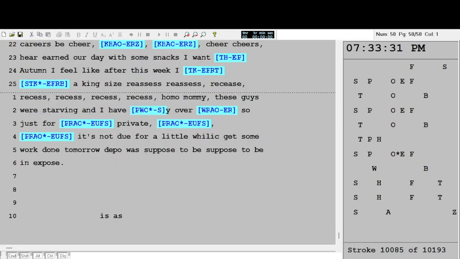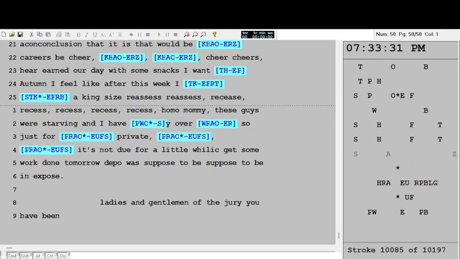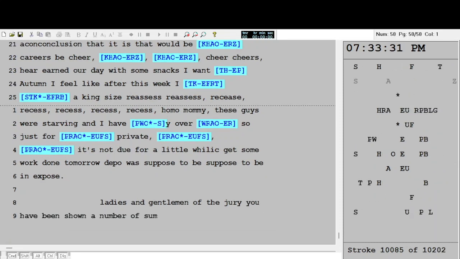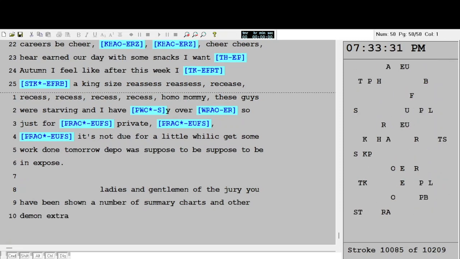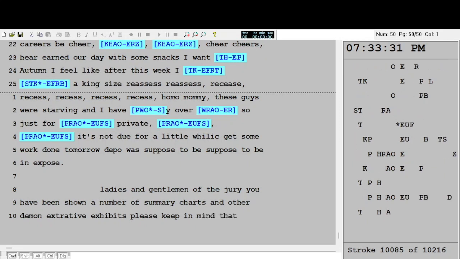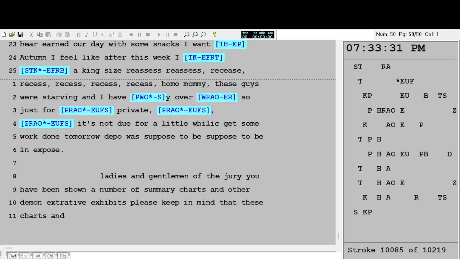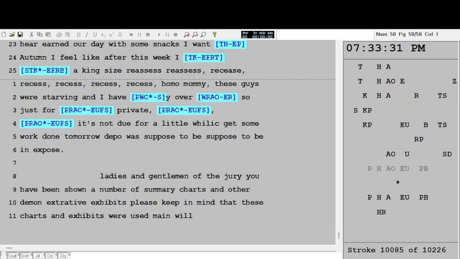Ladies and gentlemen of the jury, you have been shown a number of summary charts and other demonstrative exhibits. Please keep in mind that these charts and exhibits were used mainly as summaries of testimony and documents that were presented in this case.